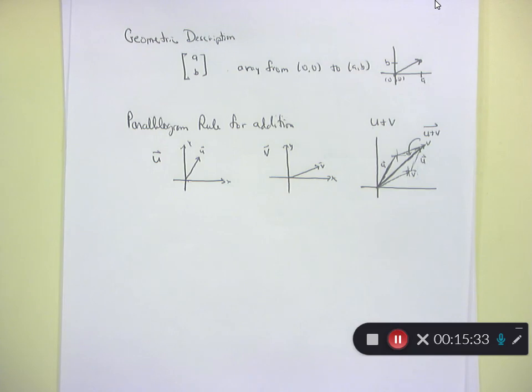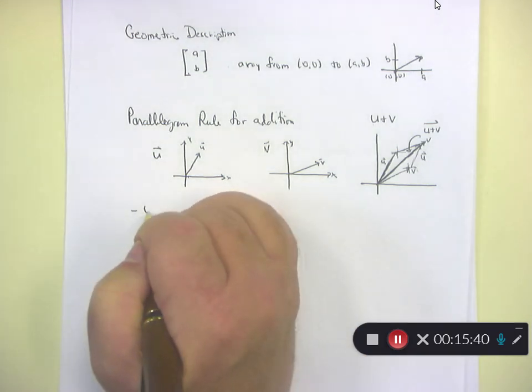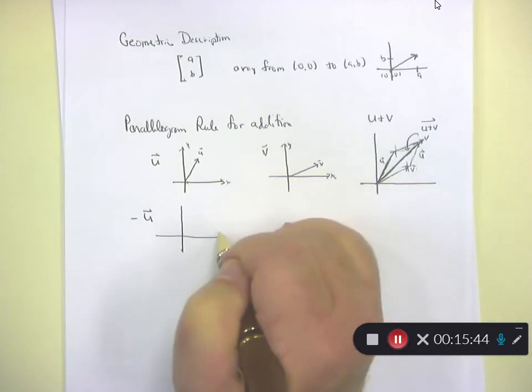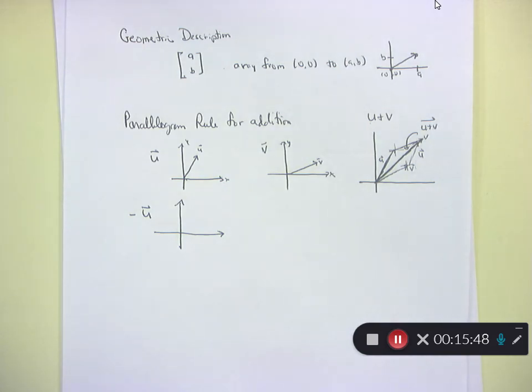So, if you got the V vector, what is a negative going to do? It's a negative times a component, but what a negative 1 does to a vector is it basically gives you the same vector in the opposite direction.